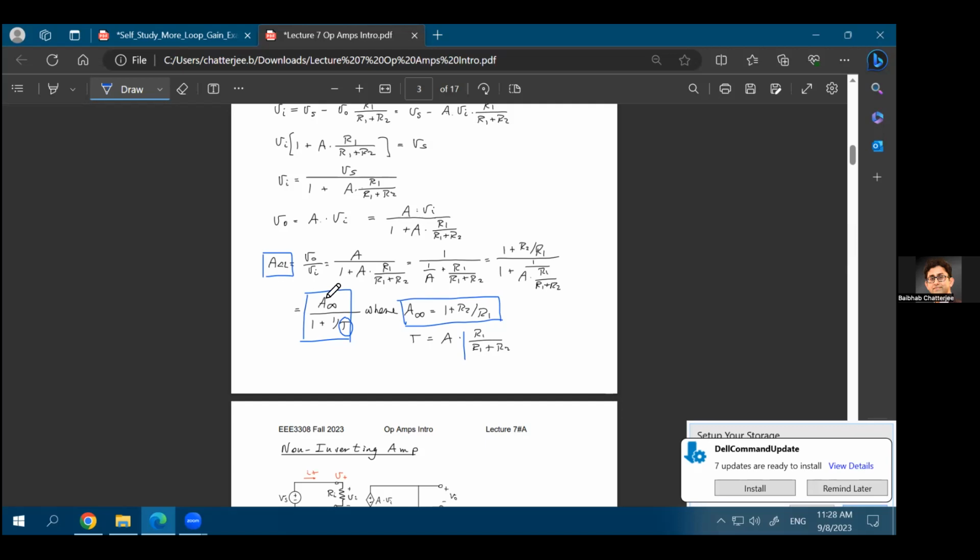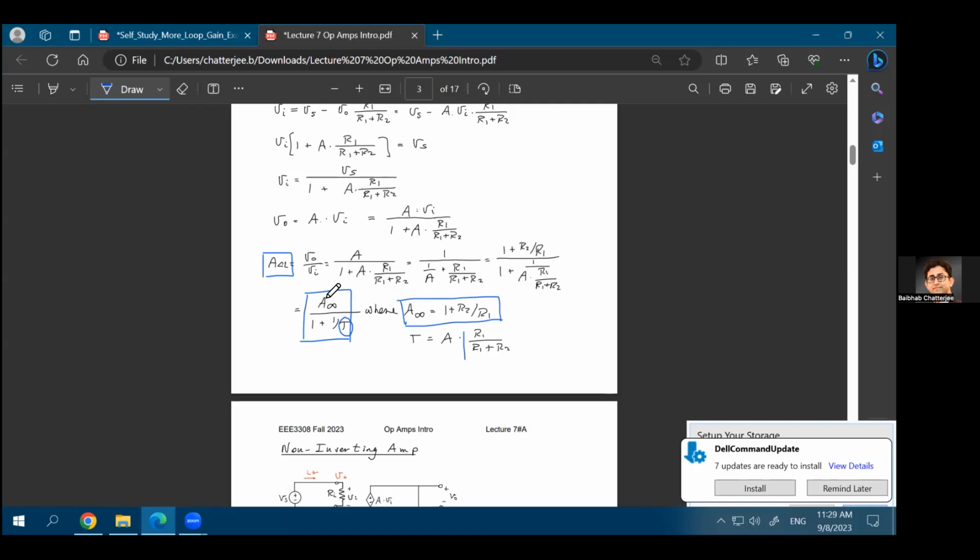A closed loop is equal to A infinity divided by 1 plus 1 over A open loop. Many different books follow different nomenclature. I'm just putting everything together here so that if you're referring to different books, you don't get confused with what we are talking about. So open loop gain is the same as T, that is your loop gain, which is equal to A times beta.